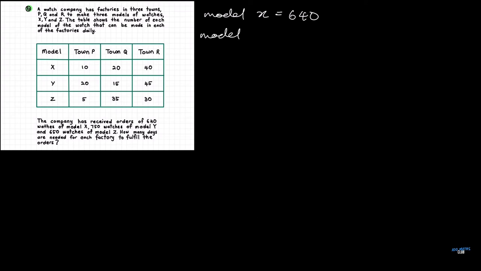Model Y, we need 750. And model Z, 650. Correct? So model X 640 ni boleh dihasilkan daripada 10 dari bandar P, 20 dari bandar Q, 40 dari bandar R. Ini baru satu hari.